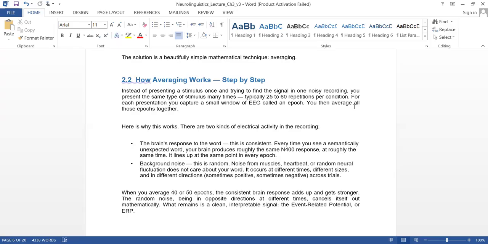And so here is why this works. There are two kinds of electrical activity in the recording. The brain responds to the word, and this is consistent. Every time you see a semantically unexpected word, your brain produces roughly the same N400 response at roughly the same time, and it lines up at the same point in every epoch. Now, what does epoch mean?